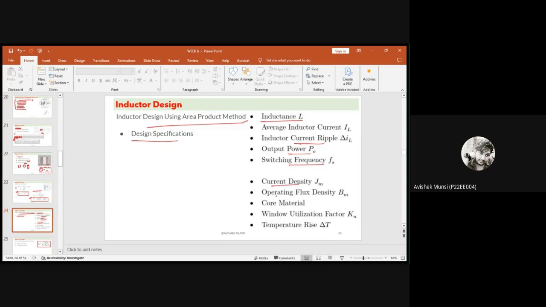How much window utilization factor you have, how much temperature rise you would allow for a design, what will be the operating flux density, and what type of material is required based on your frequency, your setup and your conditions. What type of core material is this? So first of all, this design specification we have to understand from the data sheet, how much current we have and what to choose.